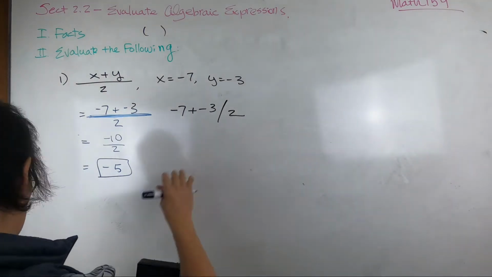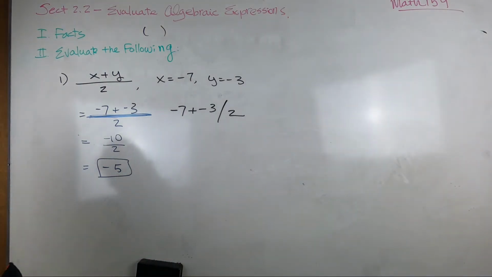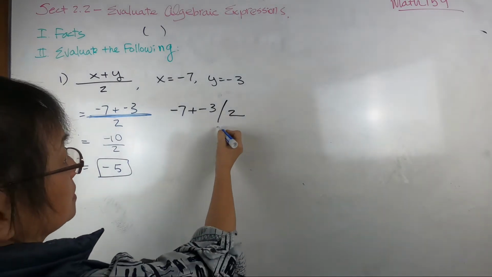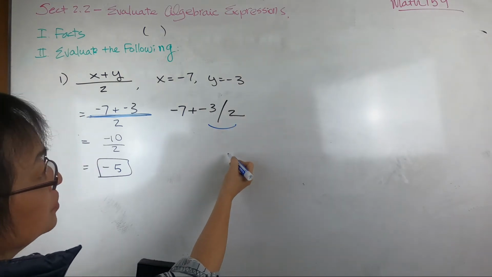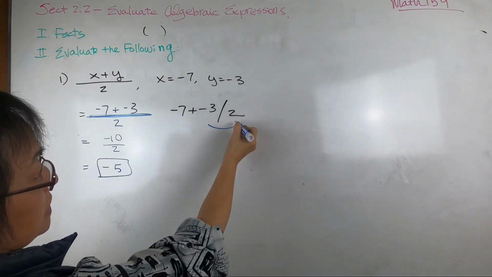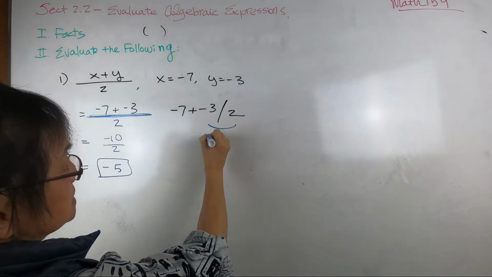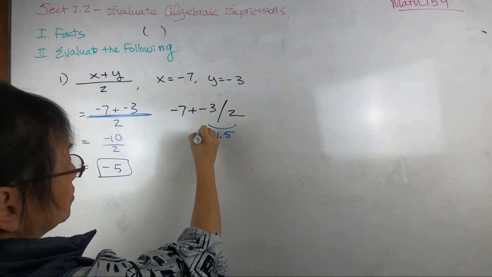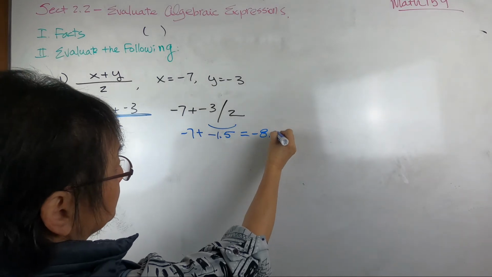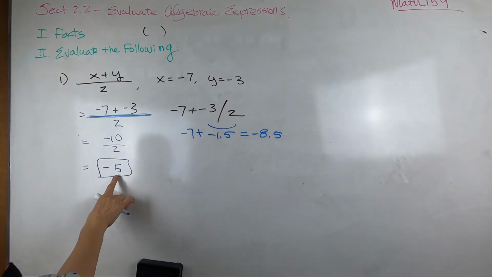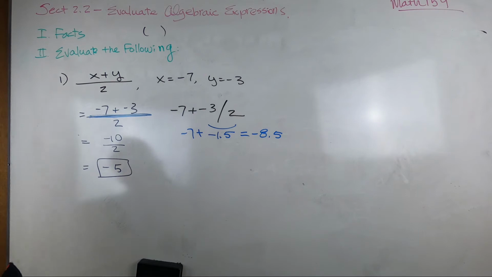If you write it this way, you have division and you have plus, so they will do the division first. -3 divided by 2 is -1.5, then plus -7, that would be -8.5. It's different from the value we expected.